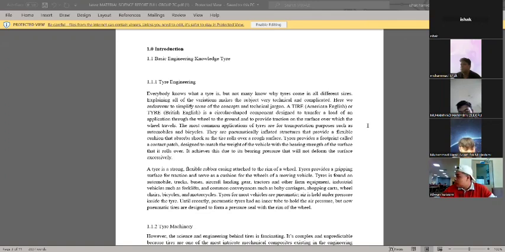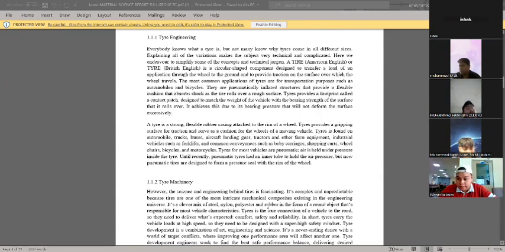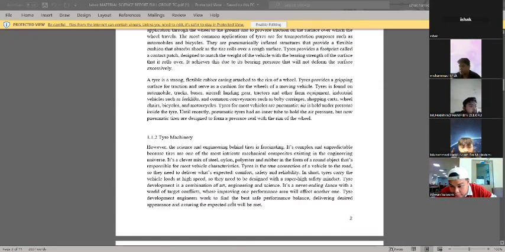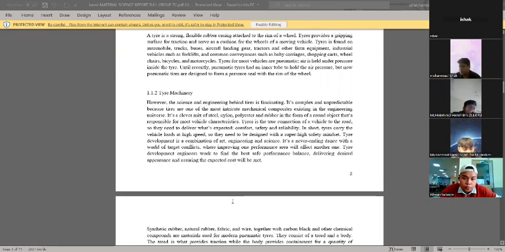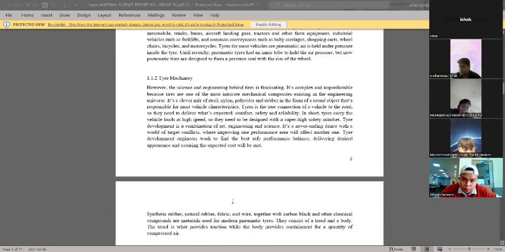It provides a gripping surface for traction and cushion. Tires are found on automobiles, trucks, buses, aircraft landing gear, tractors, and other farm equipment, industrial vehicles such as forklifts, and conveyances such as baby carriages, shopping carts, wheelchairs, bicycles, and motorcycles. Most are pneumatic, and the air is held under pressure inside the tire.